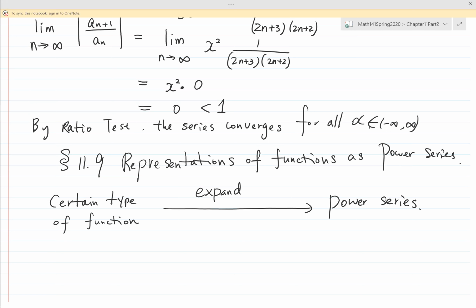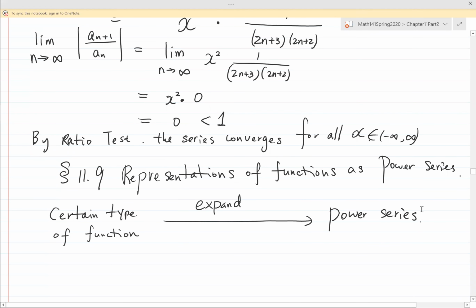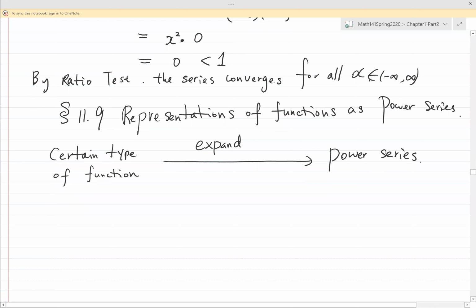The key fact is that any continuous function on any bounded interval can be approximated by a polynomial, to any precision you want. So you can approximate a really nice function by a power series.